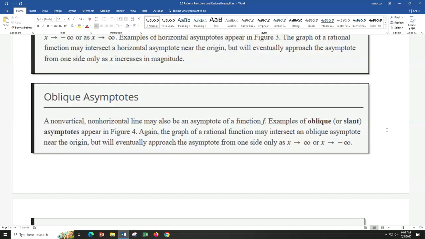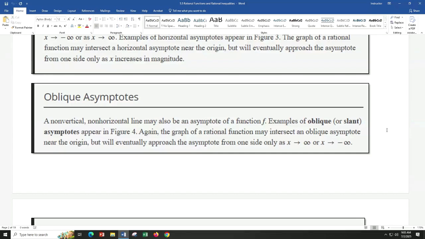May also be an asymptote of the function f. Examples of oblique or slant asymptotes appear in figure 4. I'll show you. Again, the graph of a rational function may intersect it, but it's going to turn or do whatever, and it's going to approach it.